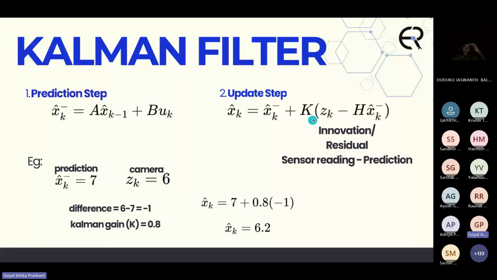So K can range from 0 to 1. If we know that our sensors are very accurate, then K will be closer to 1. Versus if we know that the sensors provide us with very noisy or inaccurate data, then K would be closer to 0. So in this example, we take K to be 0.8. Then the final position can be determined by adding the prediction with the Kalman gain times the error to get 6.2.